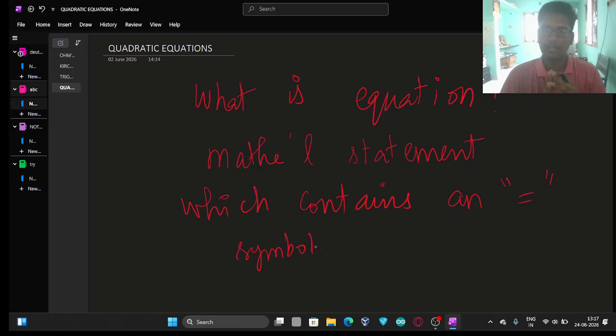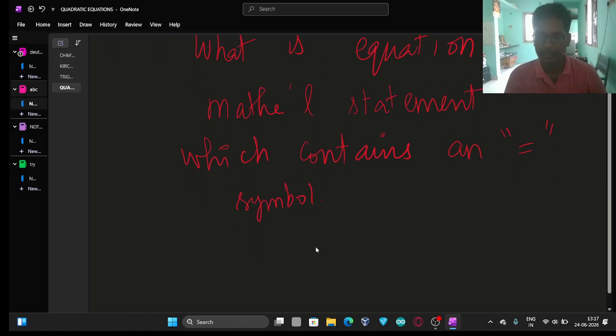Whatever terms, either summation or product or subtraction or a division, revolve around the LHS and the RHS would be the result of that operation. So this is how the equation behaves. Hence, we could see examples like x plus 3 is equal to 7, 2x is equal to 10, or x divided by 2 is equal to 15.